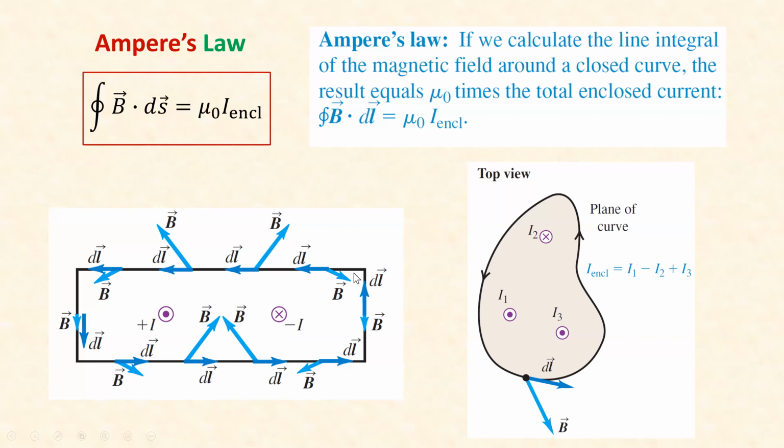On the other side, B and dl make an angle larger than 90 degrees. Therefore, B dot dl is negative. So these have negative contribution, these have positive contribution. And the total becomes zero because the total current going through this loop is zero. All right, you can conclude that from Ampere's law.